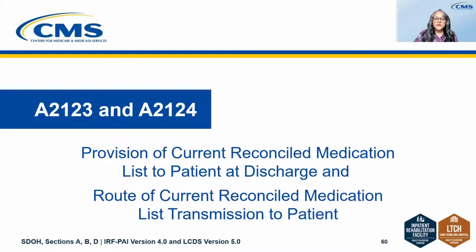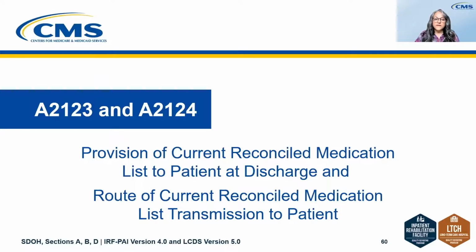Great. So here are our last two non-SDOH data elements in this particular section. They are A2123, provision of current reconciled medication list to patient at discharge, and A2124, root of current reconciled medication list transmission to patient.